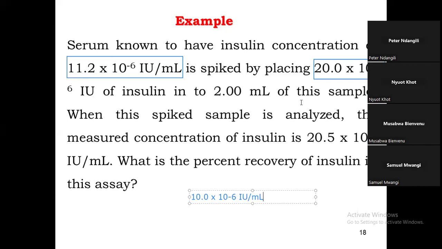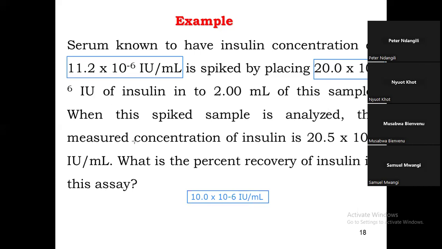We want to find out whether we are going to detect this concentration when we carry out an analysis. What did this person do? After spiking, he carried out an analysis, and then he found that the concentration of insulin in that spiked serum sample was 20.5 times 10 to the power negative 6.